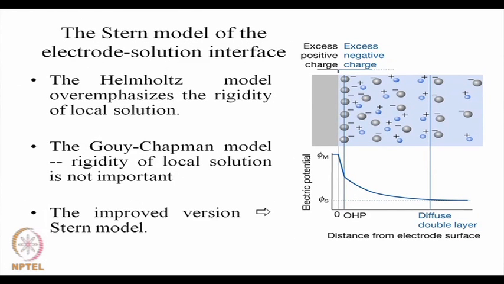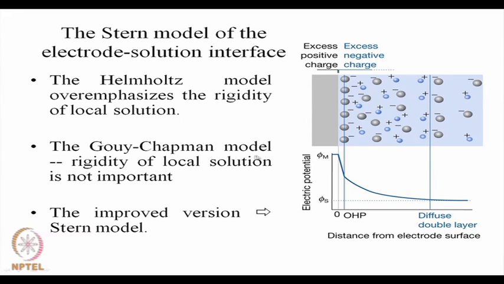Stern model of electrode solution interface. You see here very close up to the outer Helmholtz plane, it is behaving like the Helmholtz double layer, and beyond that it is Gouy-Chapman. The Helmholtz model overemphasizes the rigidity of the local solution.